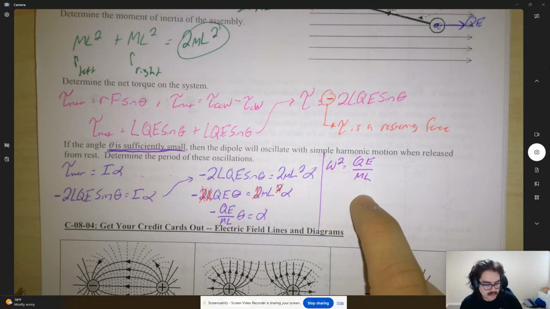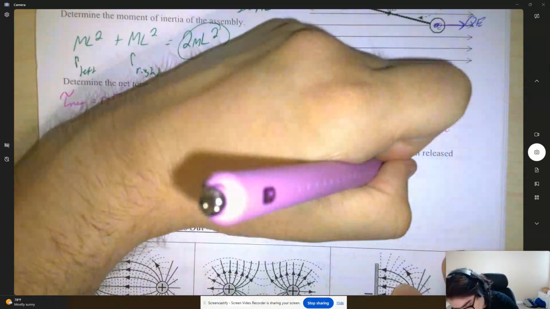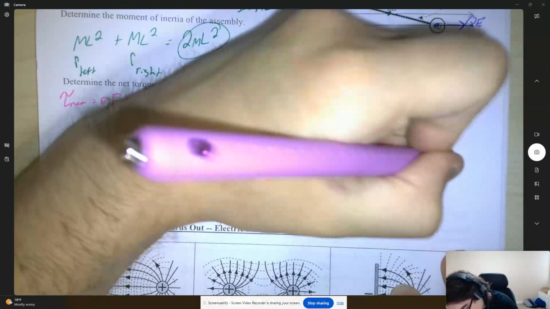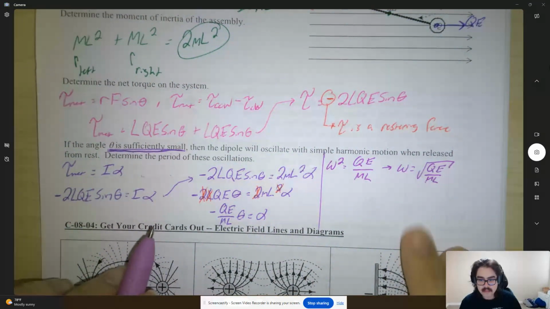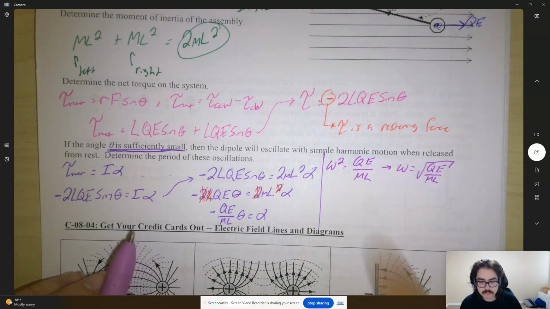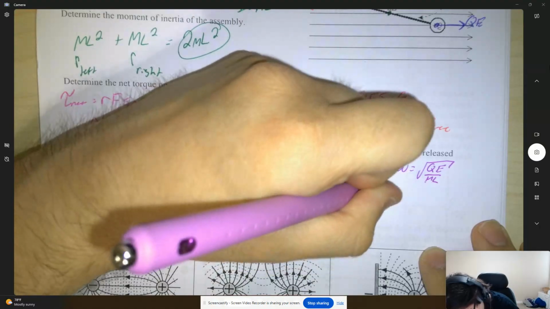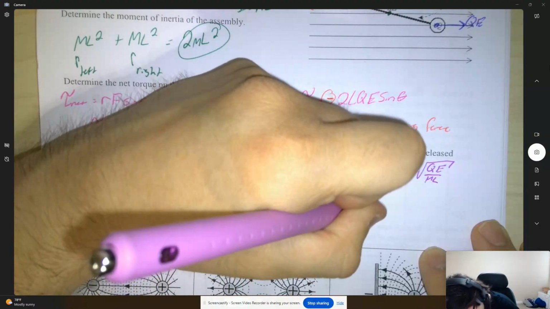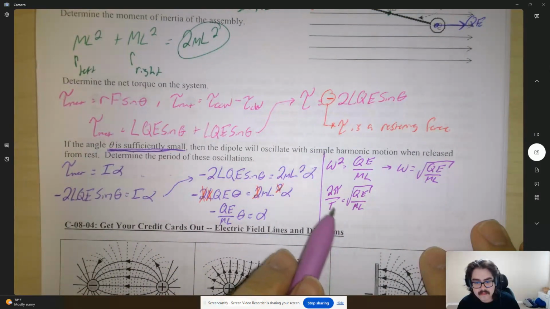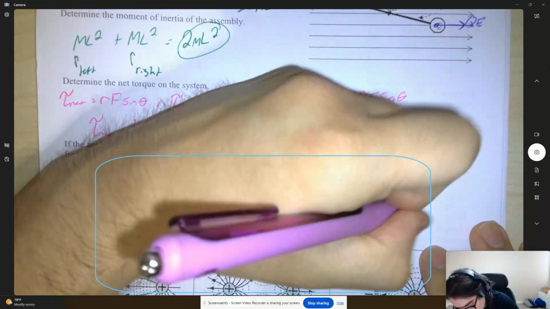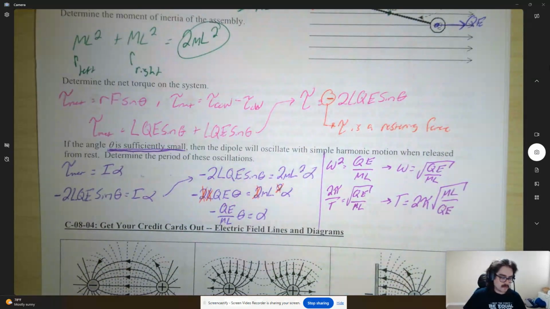And then I root both sides. This becomes omega equals root Q E over m L. Then I replace omega with 2 pi over T. 2 pi over T equals root Q E over m L. Then I flip both sides and multiply by 2 pi, and I should end up getting T equals 2 pi root m L over Q E. You see how that works out?